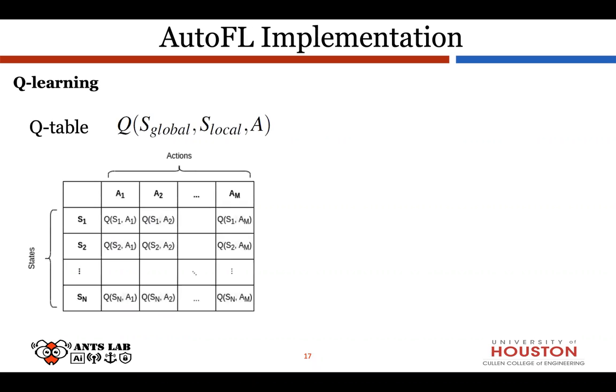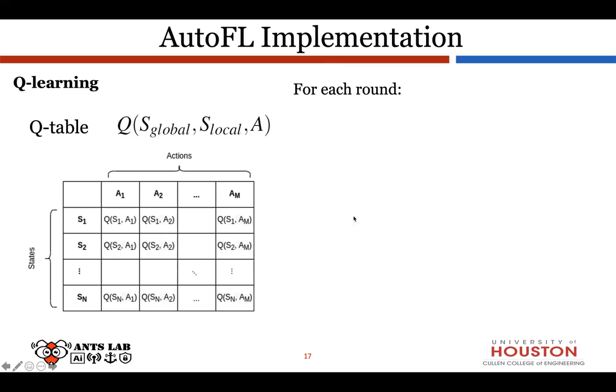The main idea of the Q-learning is that we maintain a Q table. The row index is the state, and the column index is action. According to this Q table, for each state, we need to choose the largest Q value, and then we can make the decision of the action.